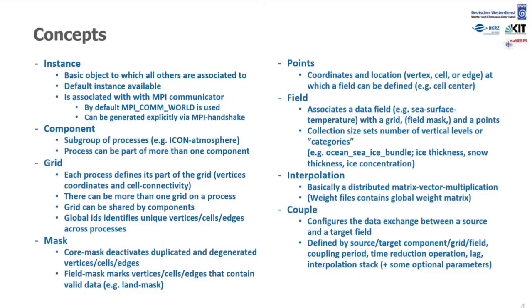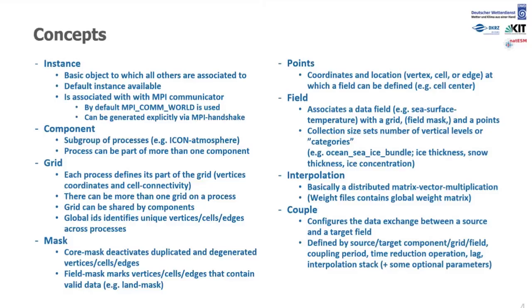Then we have the concept of interpolation, obviously. And interpolation is basically only a distributed matrix vector multiplication, where your source field is the source vector, your target field is a target vector, and in between you have the weight matrix, which is sparsely populated, but the multiplication of the source vector with the weight matrix gives you the target data.